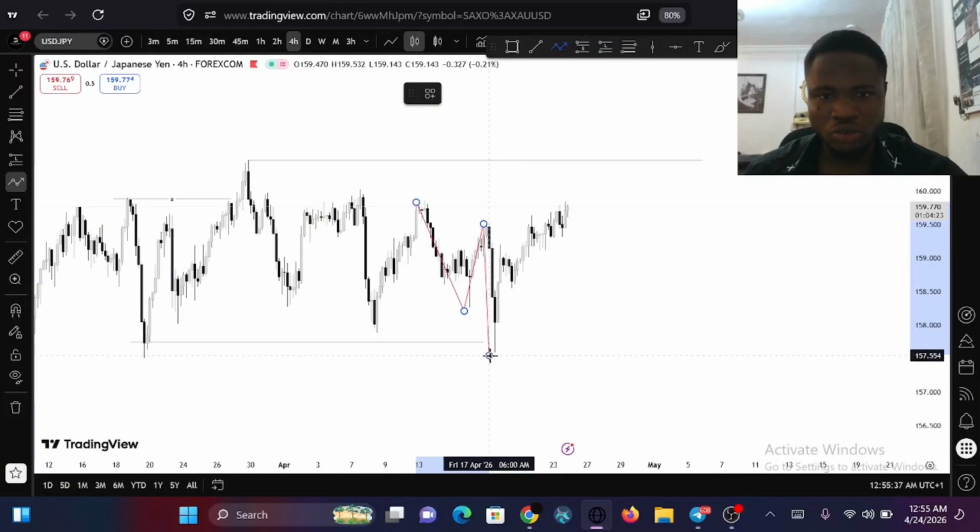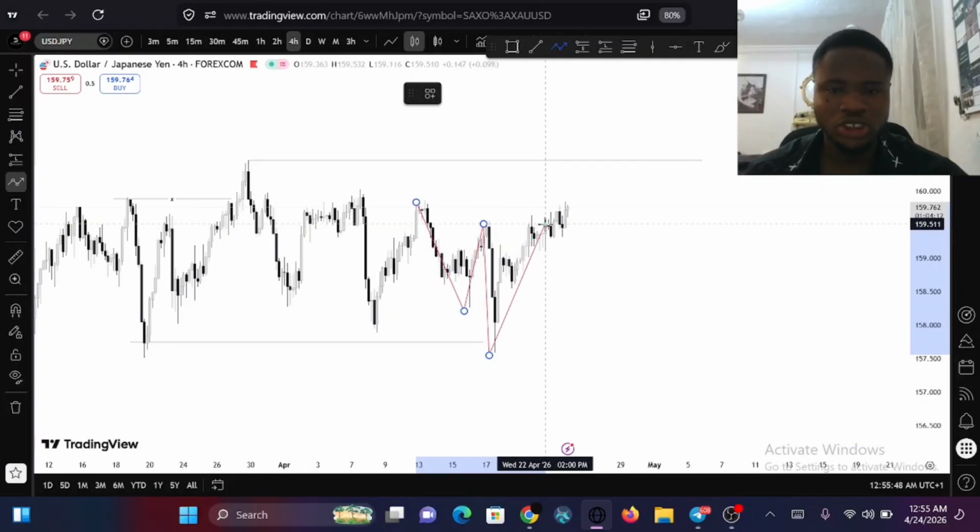Price tapped it, and you can see this massive push to the upside. This demand zone caused price to take out this high. So this is like a change of character, or you can call it a flip, or a market structure shift. People call it different names. Just know that the fact that price invalidated this high, we expect price to keep on creating new highs.